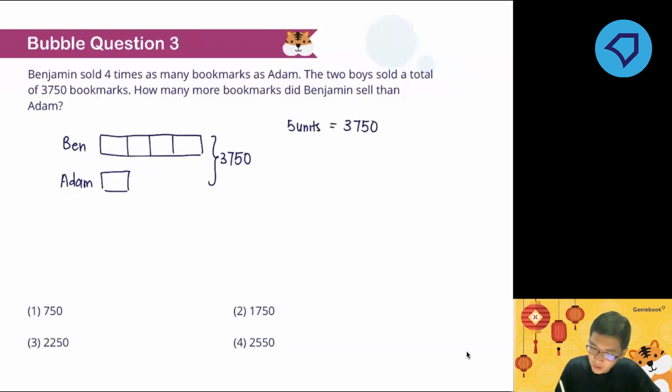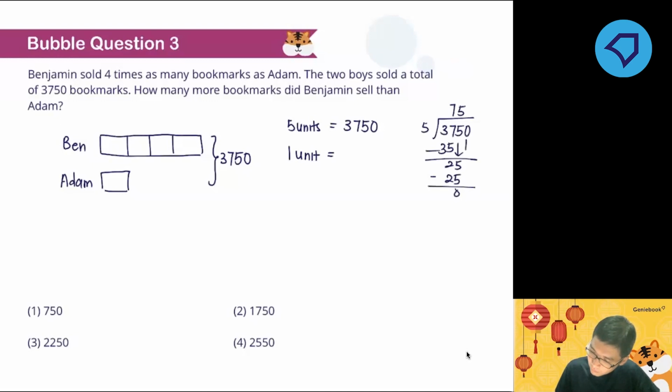Then we can use the unitary method to find out what 1 unit represents. So do your long division. 1 unit is 3,750 divided by 5, which is equal to 750.